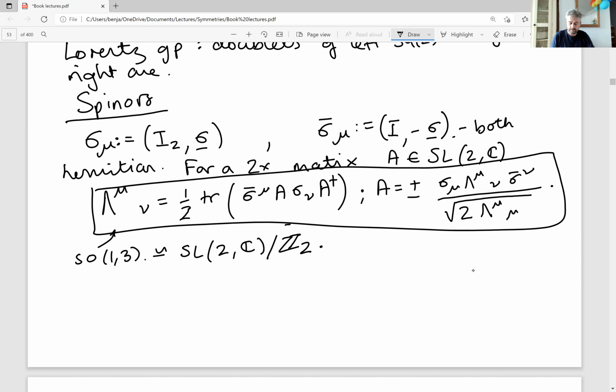Now, of course, the covering group of this SL2C over Z2, the universal cover, is just SL2C. So we write that in the following way. Of course, SL2C mod Z2 is disconnected, but if we take the universal cover, we've just got SL2C.